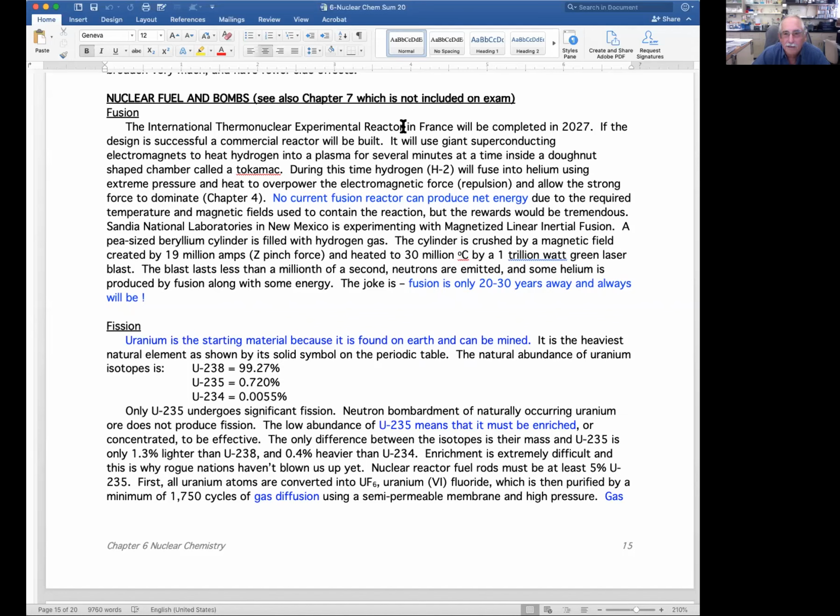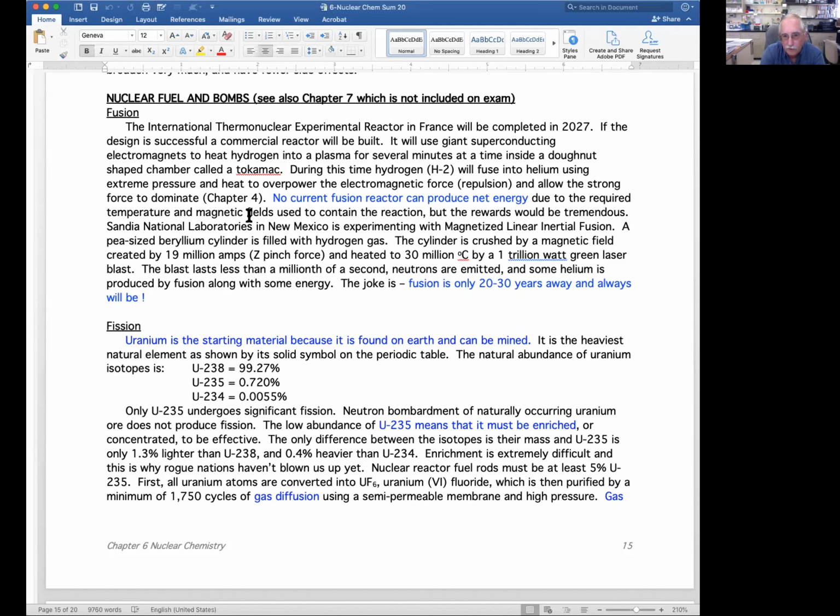What the heck is that? It's a fusion project. What it tries to do is take hydrogen and fuse it into helium using extreme pressure and heat to overpower electromagnetic repulsive forces, because what we're dealing with is the nuclear strong force.